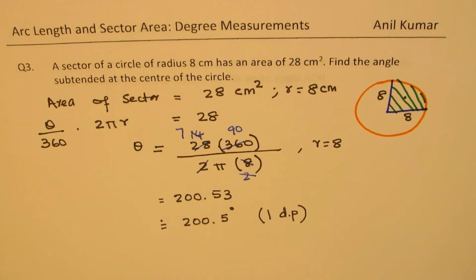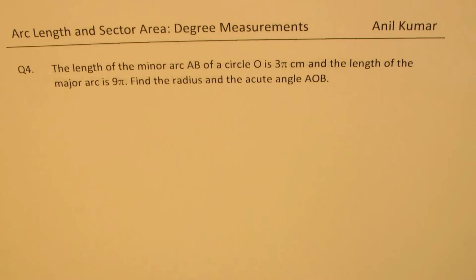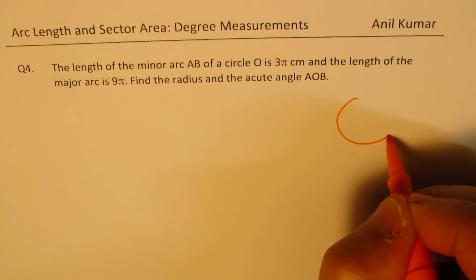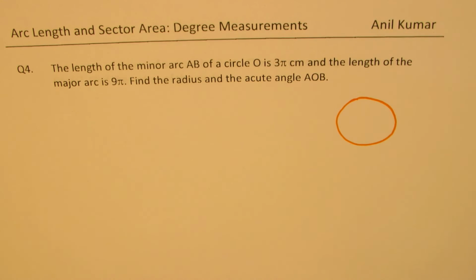Right? So now let's move on and take the next question, which is question number 4. The length of a minor arc AB of a circle O is 3 pi centimeters and the length of the major arc is 9 pi. Find the radius and the acute angle AOB.